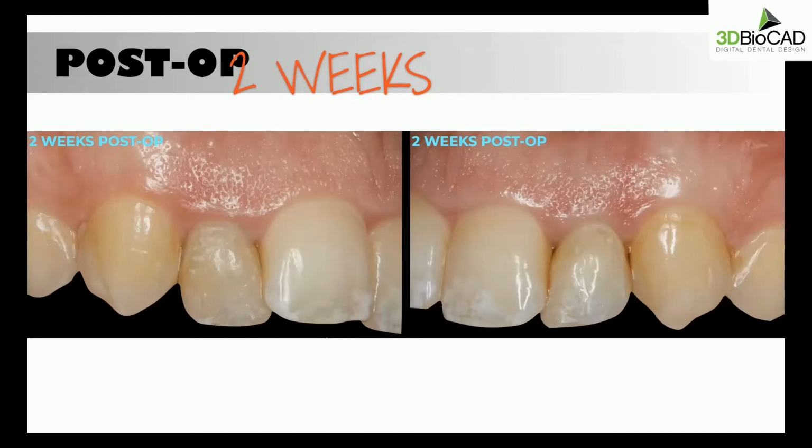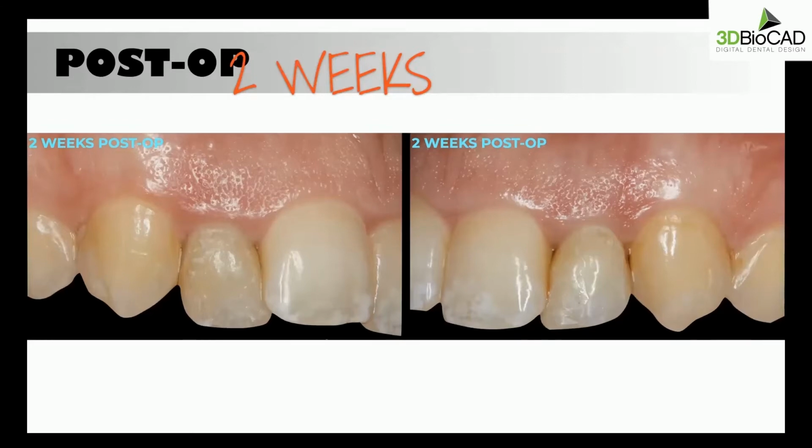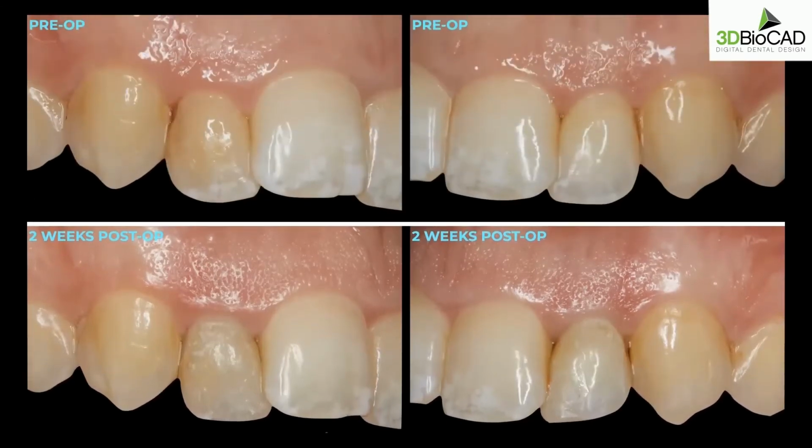So generally with this type of procedure where we're doing immediate implant placement and immediate temporization, the healing is really, really good. And then now if we compare it to the pre-op, you'll see that basically nothing has really changed when you're looking at it inside the mouth. But of course, we know that the teeth are out and the implants are already placed and bone grafting was done.